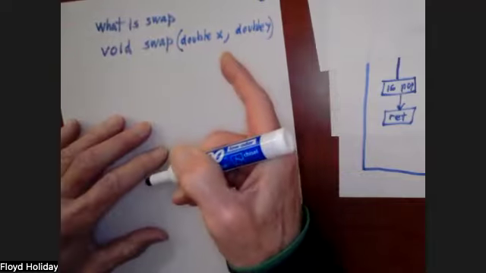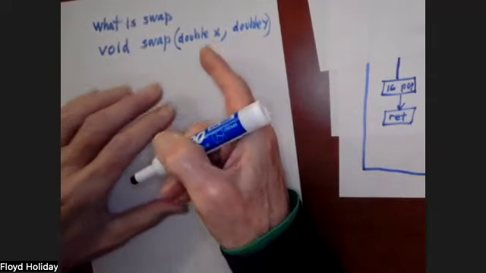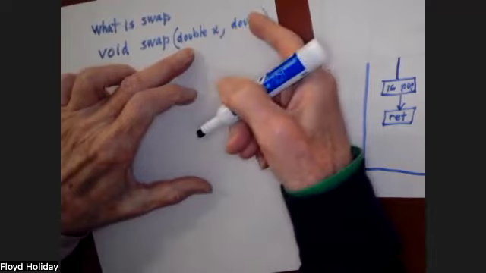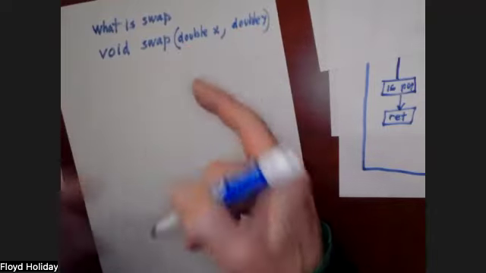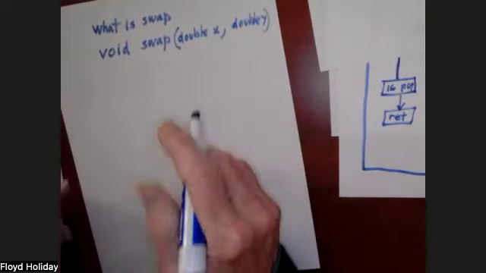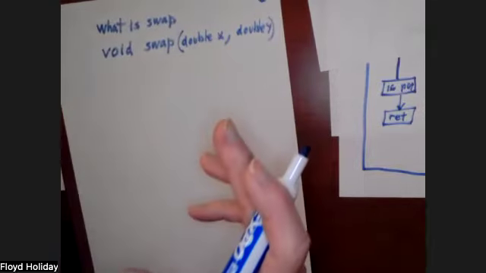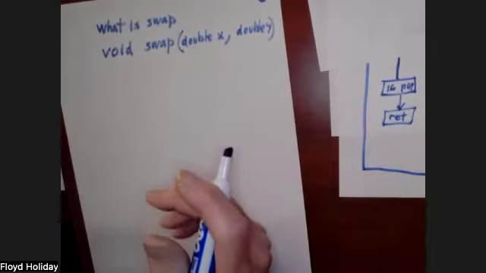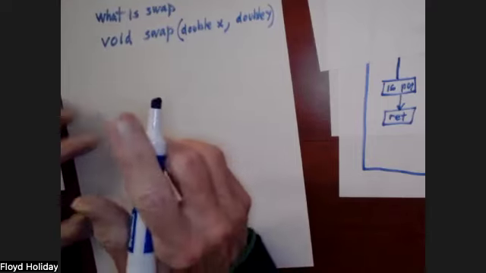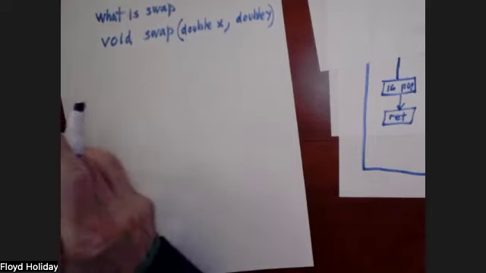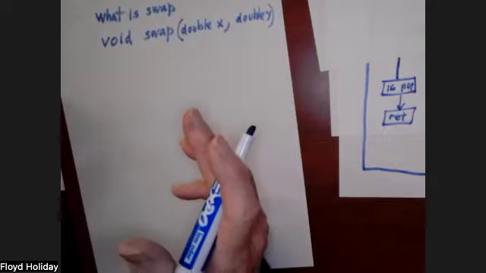And actually, it doesn't even work because these are passed by value, and passed by value doesn't change. You can make all kinds of manipulations with x and y, and they don't change themselves. But I'll show you that it does work. I mean, because it's assembly, it will work.